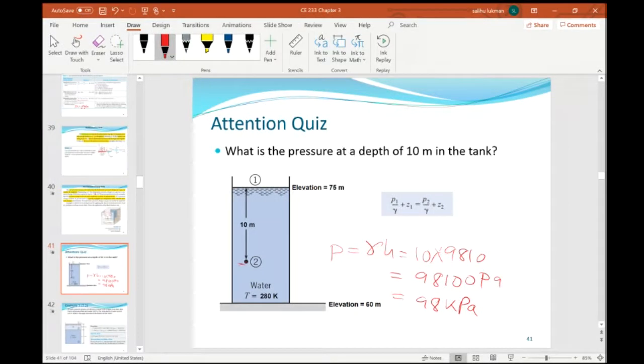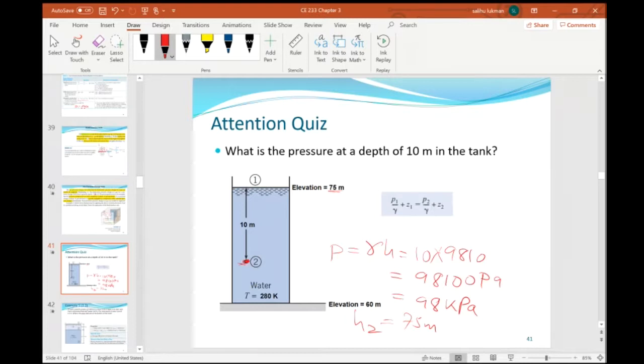And then, of course, if you want to find the piezometric head for this same point, it is definitely equal to the elevation here, which is simply 75 meters.